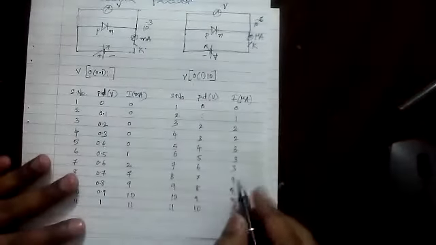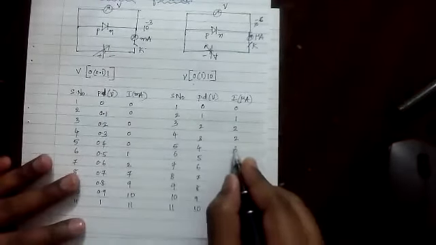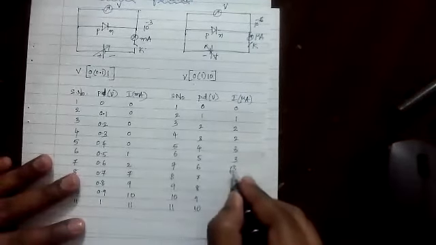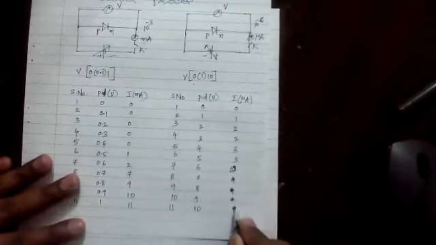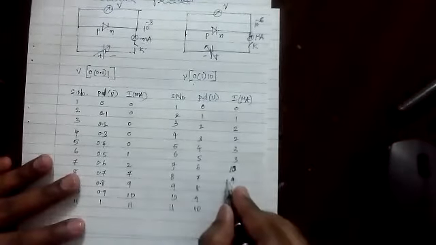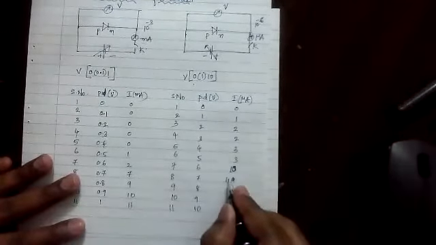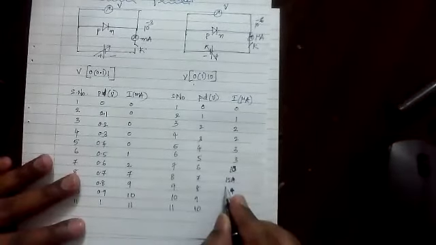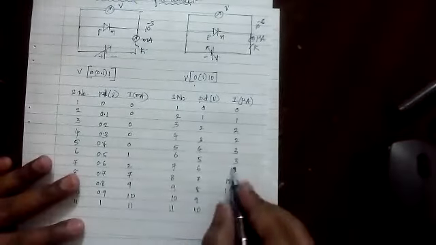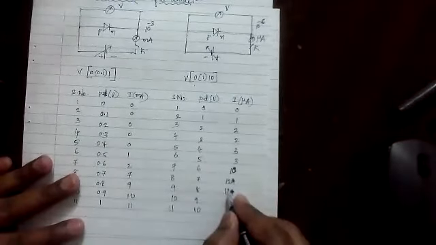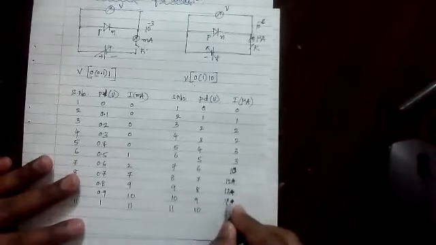Here it will become like 10, 12, then the current remains constant, and it will break down from there to 13, 14, 15, something like this, or maybe 40, 50 also.